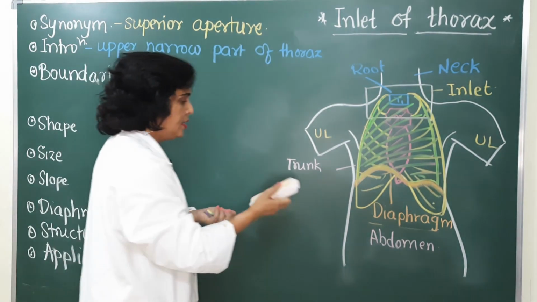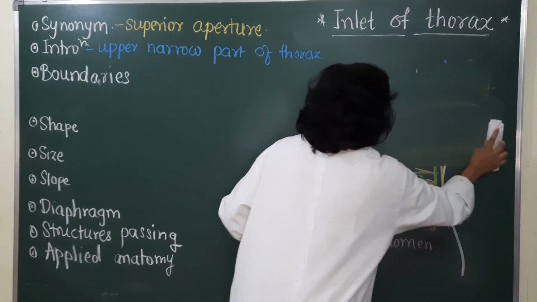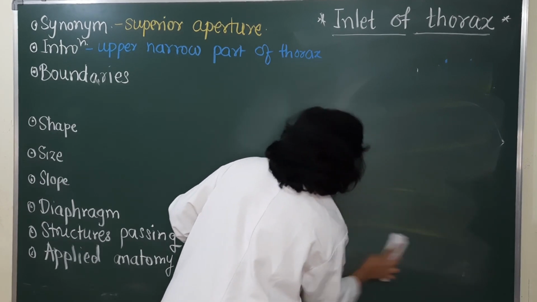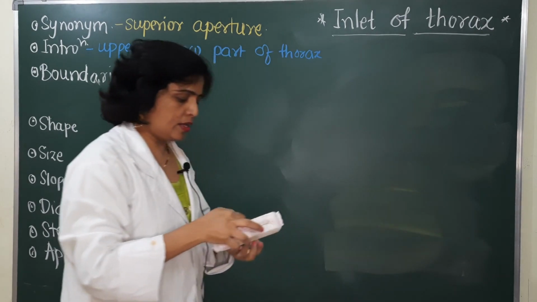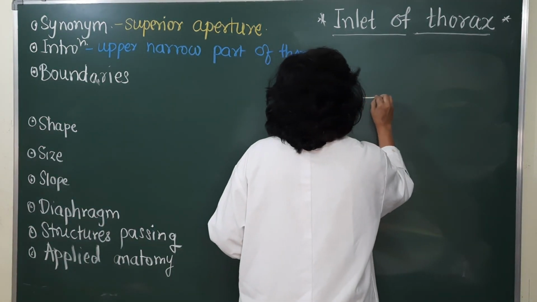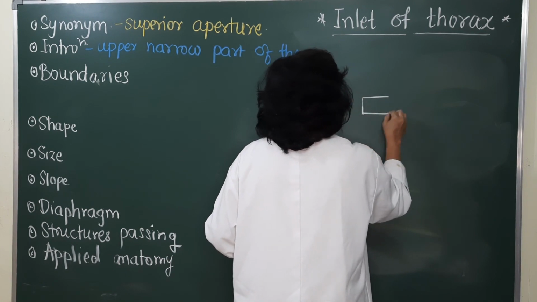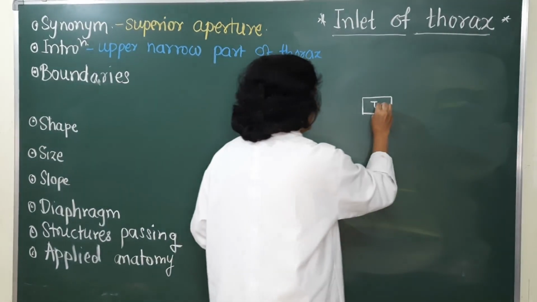For the boundaries, I'll erase this diagram and only focus on the area of the inlet. Now if you draw the diagram for the thoracic inlet, here posteriorly you get T1, that is the first thoracic vertebra.